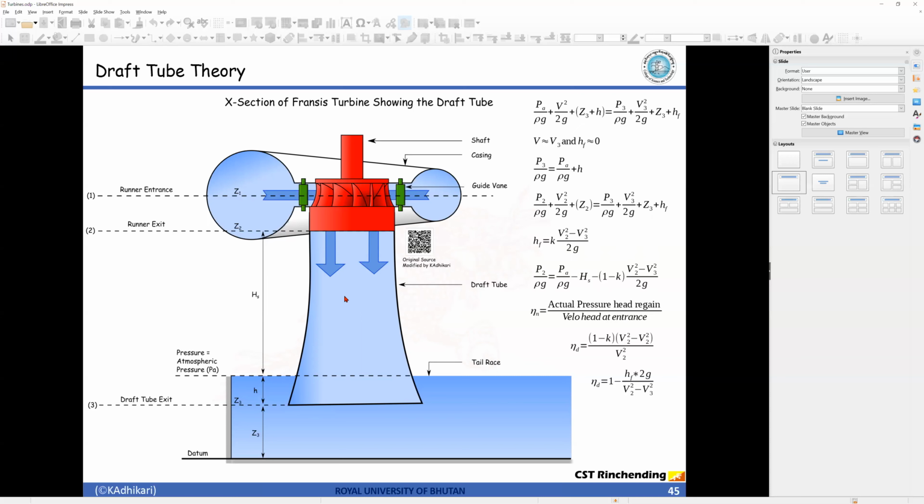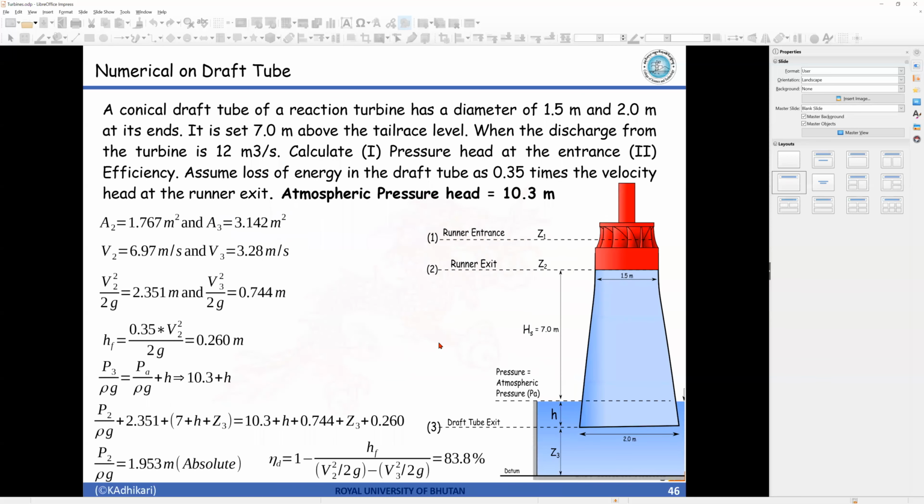Okay, further, let's try to solve a numerical with this. A conical draft tube of a reaction turbine has a diameter of 1.5 meter and 2 meter at its end. So 1.5 meter and 2 meter. It is set 7 meter above the tail race level.